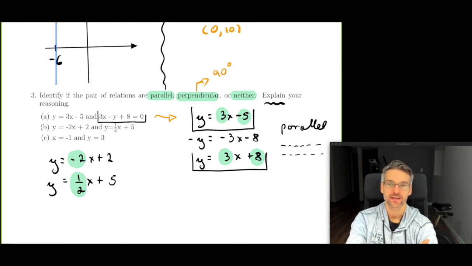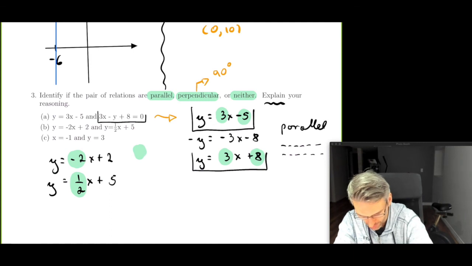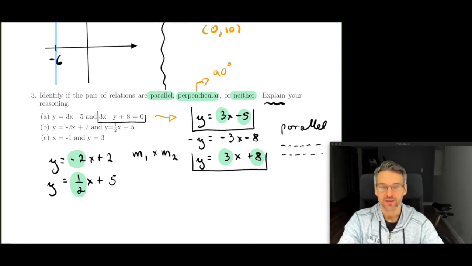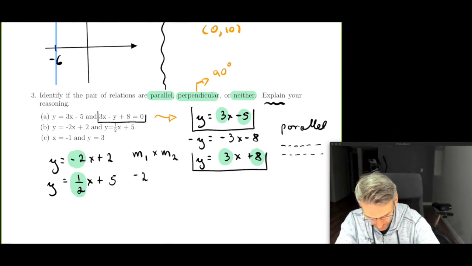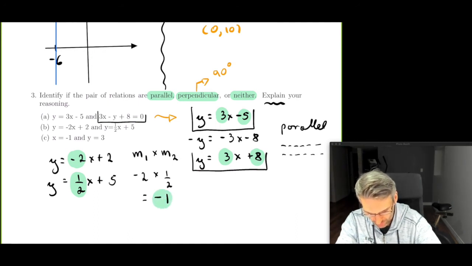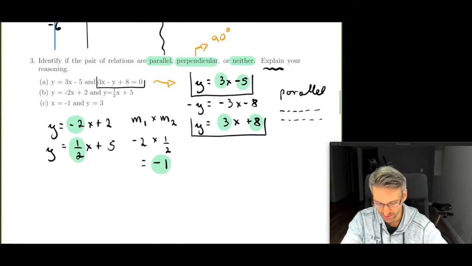You can test it by taking the slope of line number 1 and multiplying it by the slope of line number 2. In this case, it would be negative 2 multiplied by 1/2. And when you multiply, if your product is equal to negative 1, that means the lines are perpendicular. So in this case, these two lines are perpendicular.